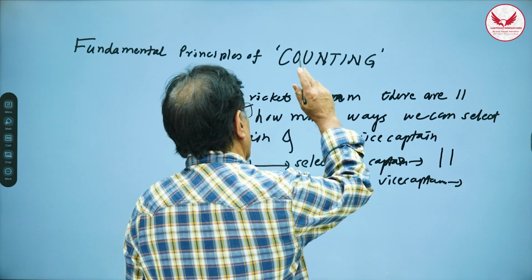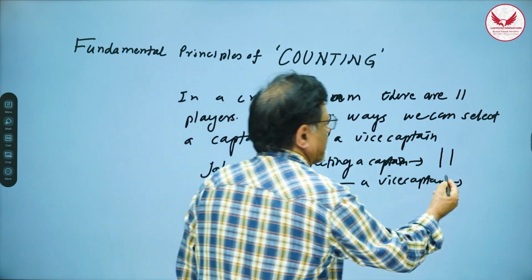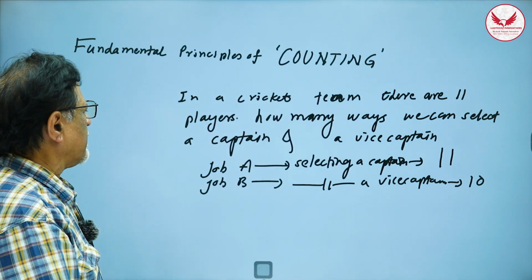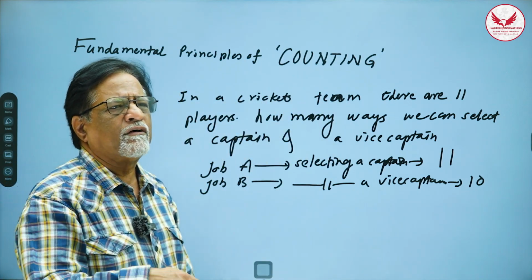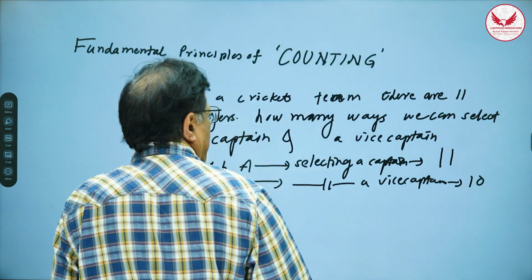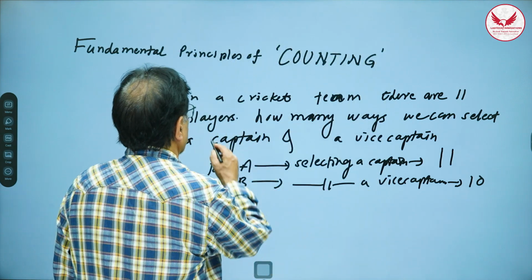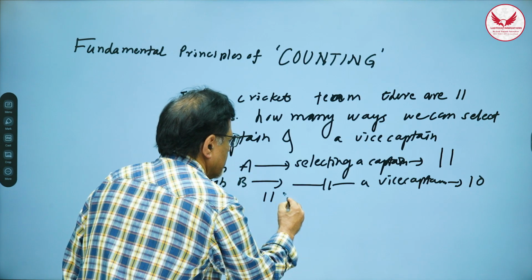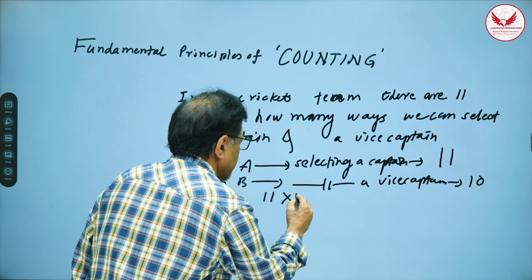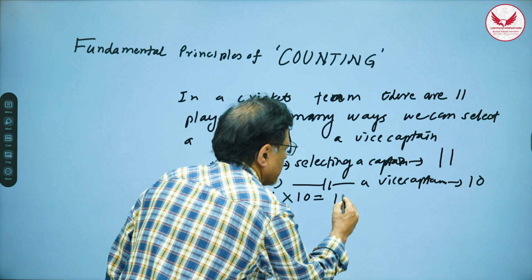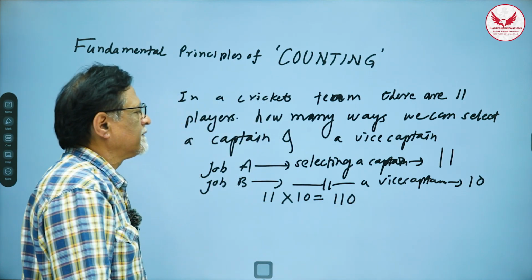So one person is gone as captain. How many persons are left? Alternatives left are 10. So there are 11 choices for captaincy and 10 choices for vice captaincy. Therefore, according to the multiplication principle, there are 11 multiplied by 10. So the total alternatives are 110.